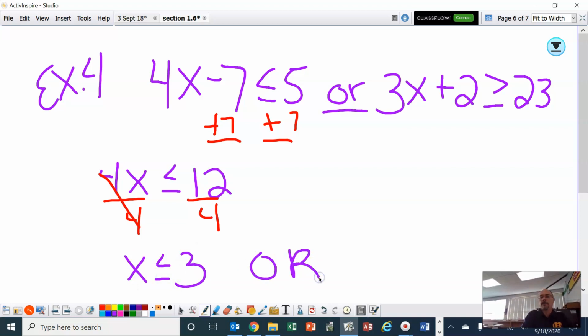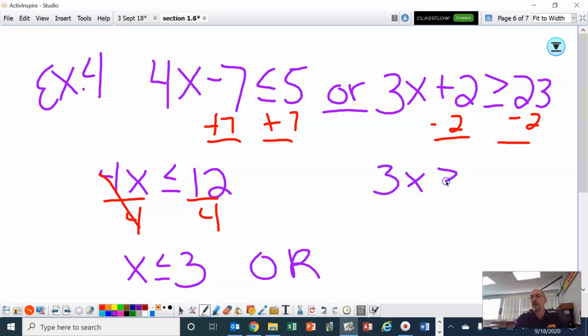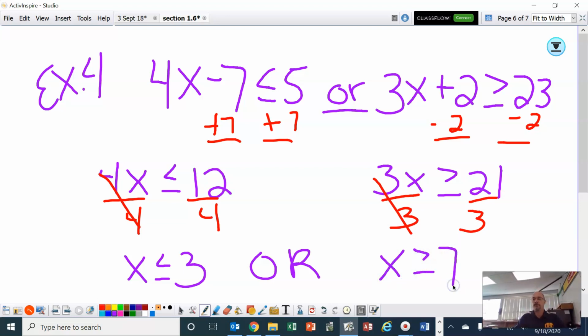Or, now I'm going to do this other one. I'm going to take away 2. So now I have 3x is greater than or equal to 21. I'm going to divide by 3. And I'm going to end up with x is greater than or equal to 7.